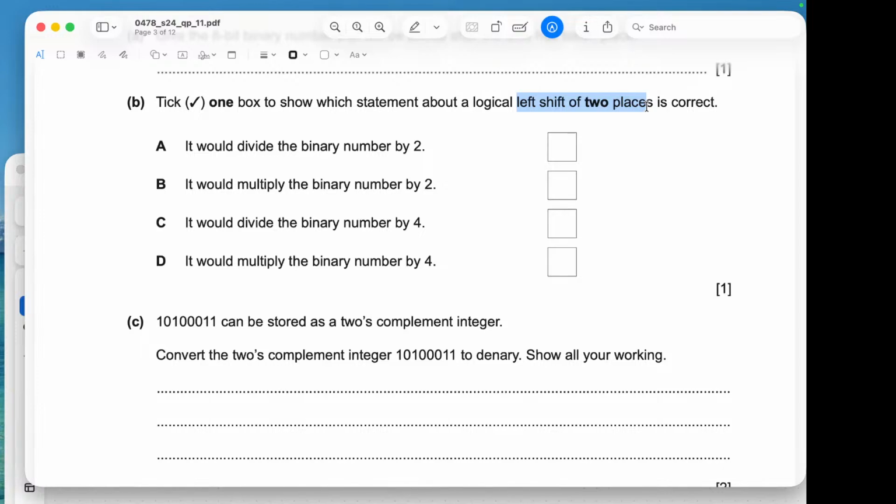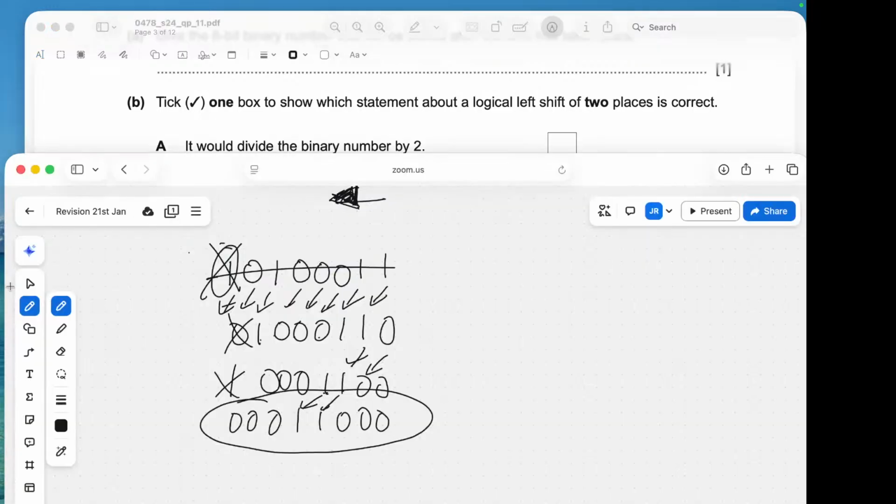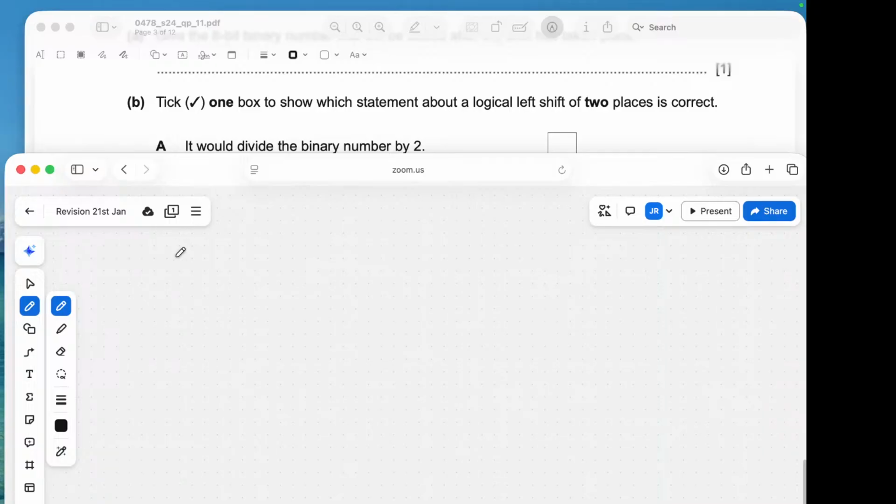Yeah, Josh is correct. It is D. It's going to multiply the number by 4. Let's see why that is. I'm going to draw the column headers in binary. Say, for example, we've got the number 1 here.